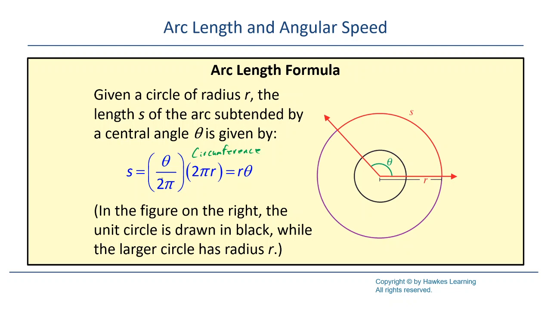But since the fraction we're actually looking at is a certain angle theta, it makes sense that to get how long this sector is, you just multiply the radius by theta. And the angle will be in radians.